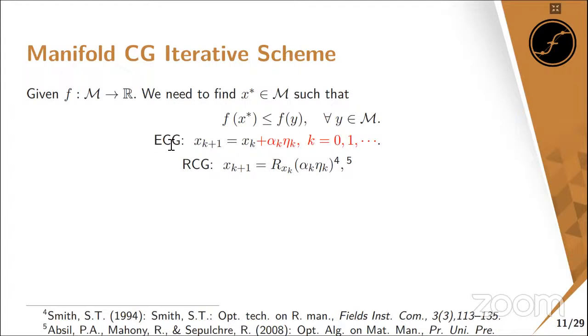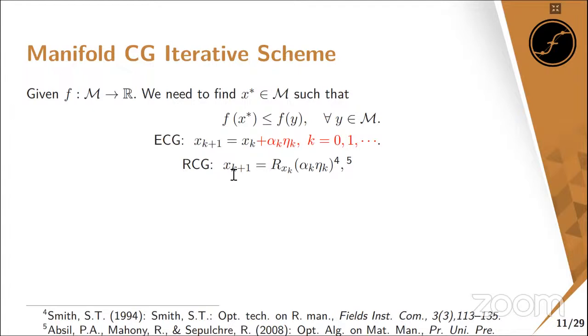In our usual Euclidean conjugate gradient techniques, which are iterative methods, we normally use this technique in order to move from one point to the other. This is linear in nature, meaning that we have the concept of addition and scalar multiplication in this iterative scheme. So how can we get the replica of this in Riemannian optimization, which was discussed by the previous speaker, given by this?